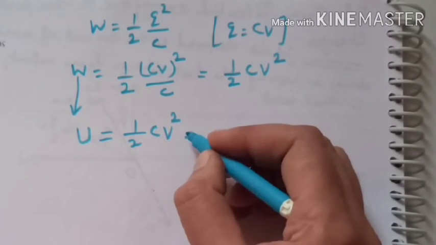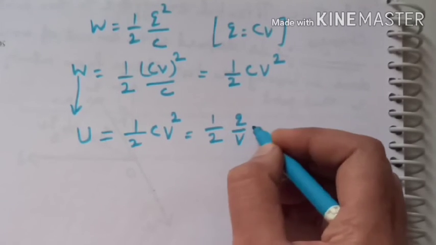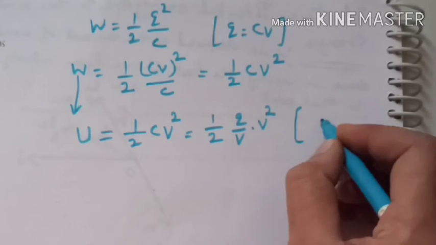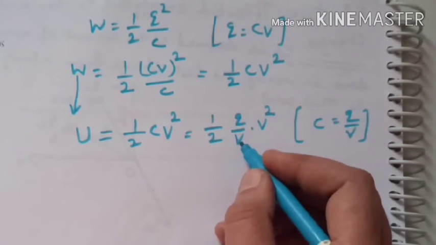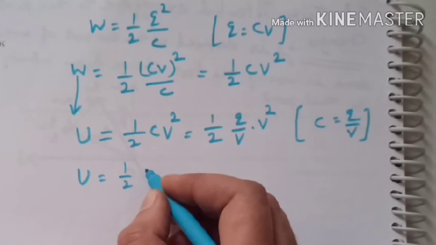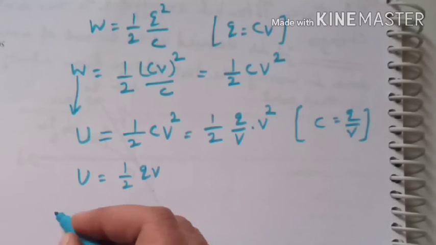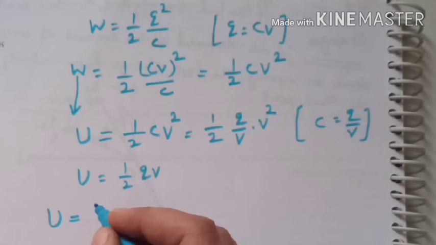Also we can write it as 1 by 2 Q by V into V square, because C is charge per unit potential. This is another formula. So V cancels, and U is equal to 1 by 2 Q V. So we have three formulas for this energy.